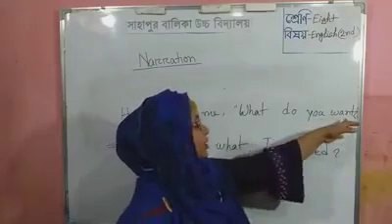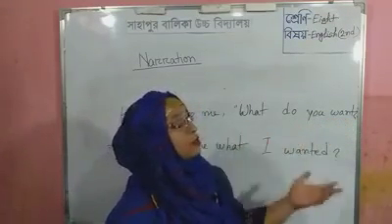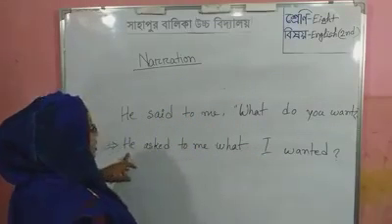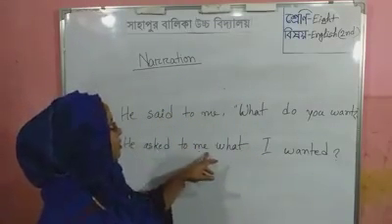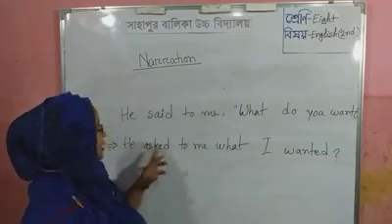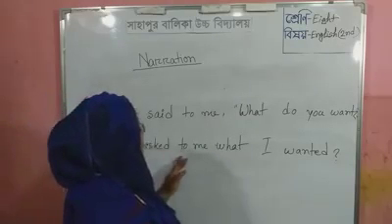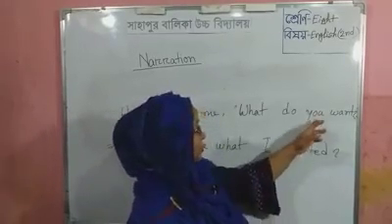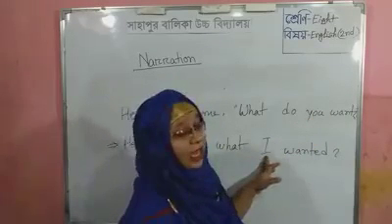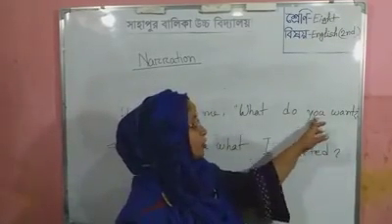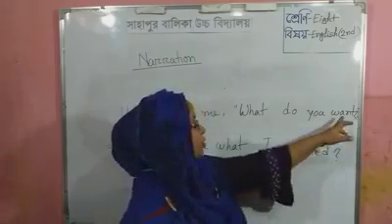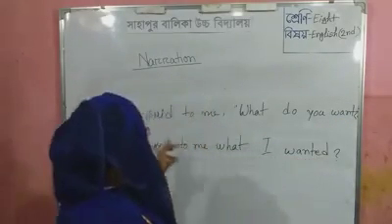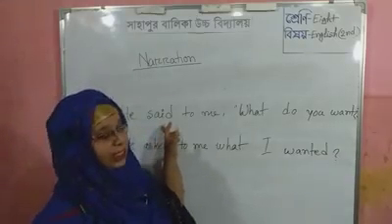What you want? That means tumi ki chao. The me is said about that, he asks to me what I want. What I want. Here we change you to I, and want is going to be wanted because it is past tense.